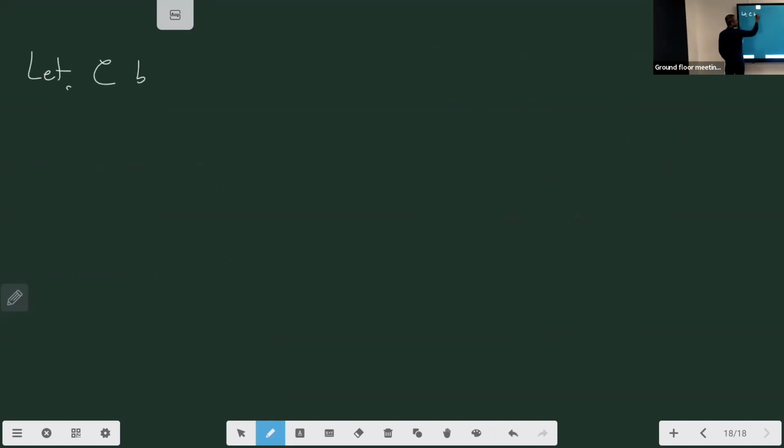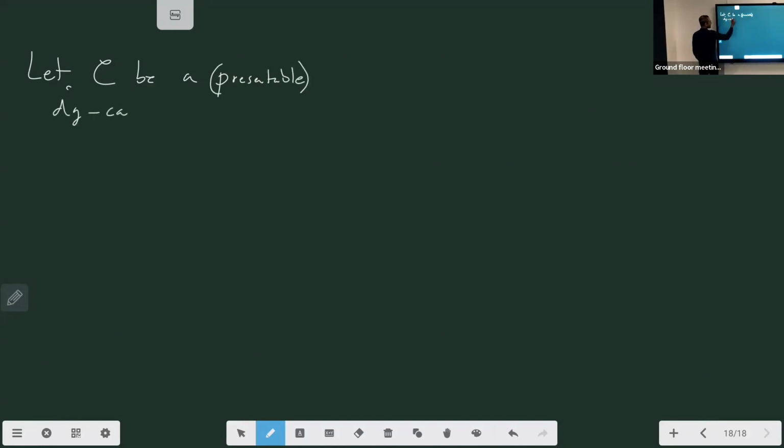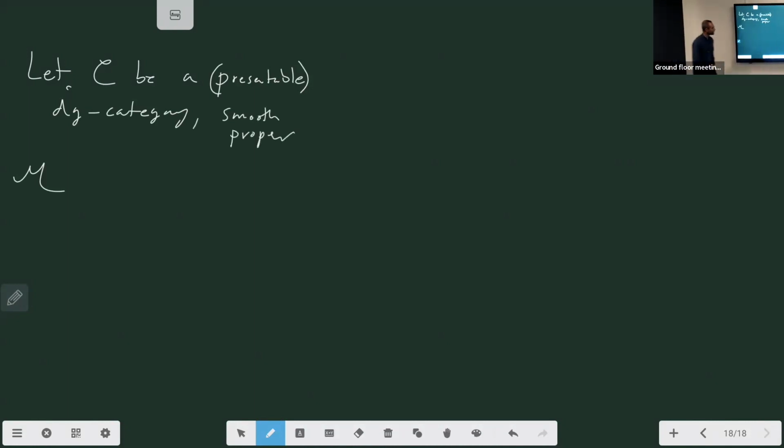So let C be a presentable DG category, then you can define a functor M_C, and let's say smooth and proper. I haven't defined smooth and proper, so let me say what this means.